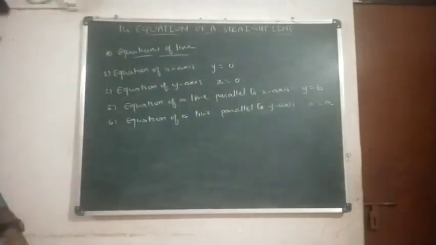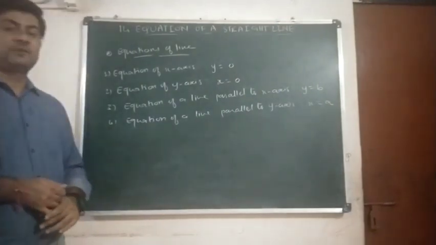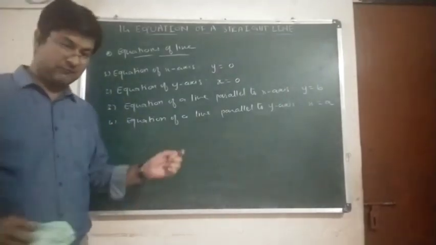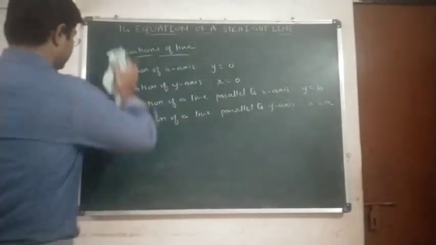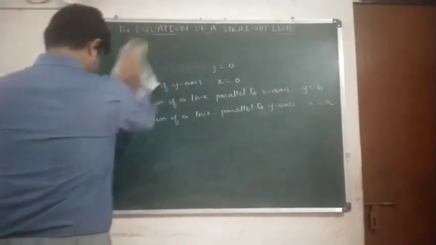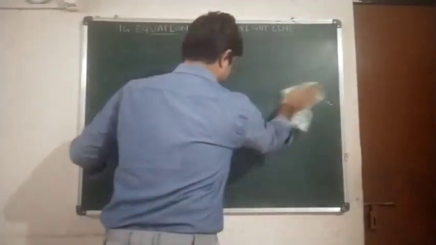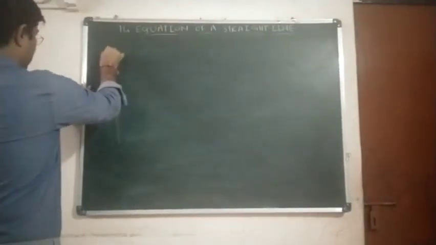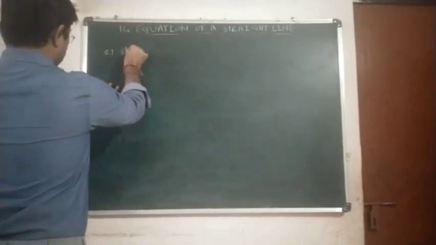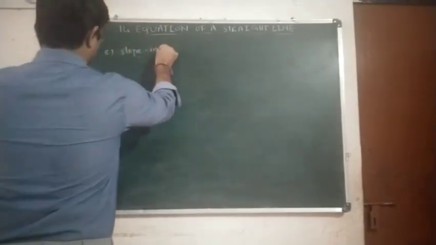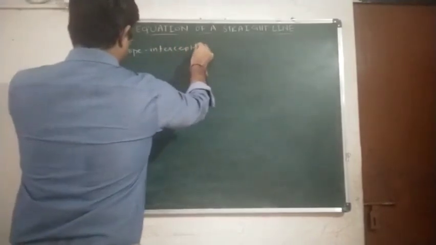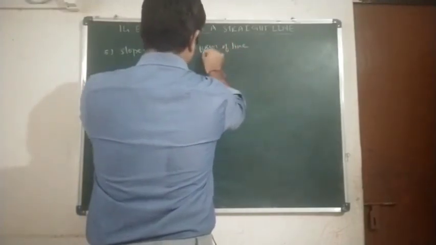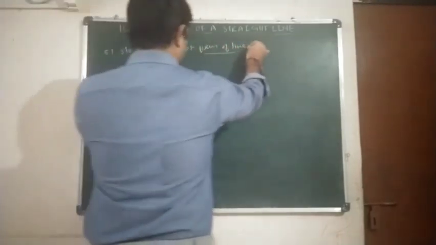Okay, now we have the next form of equation of a line, which is called the slope-intercept form. So let us see that. We will derive the formula for that equation. Number 5 is the slope-intercept form of a line.